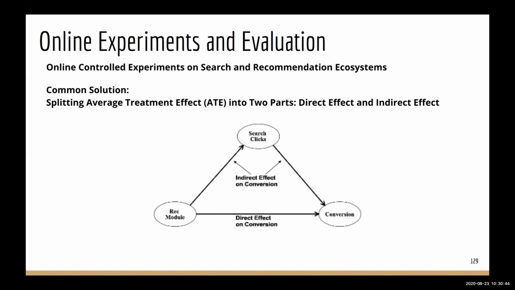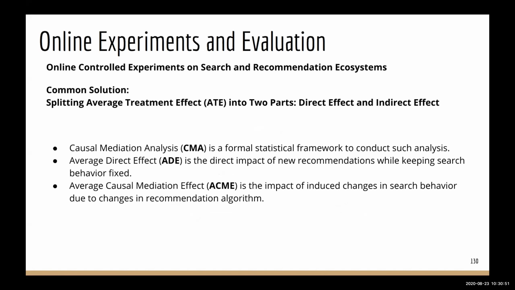As I mentioned, one is the direct effect from the recommendation module, the other is the indirect effect via the search module. And here, the tool we are leveraging is called causal mediation analysis. There is a school of literature that tells you how to do a formal statistical analysis for this. Okay, so we're not going to dive into that part.